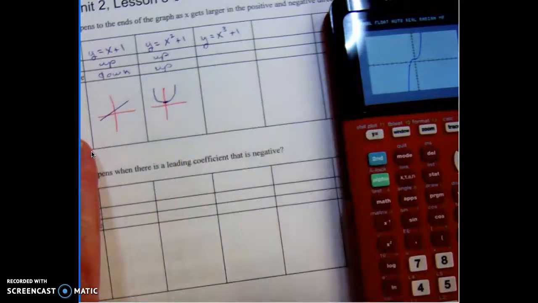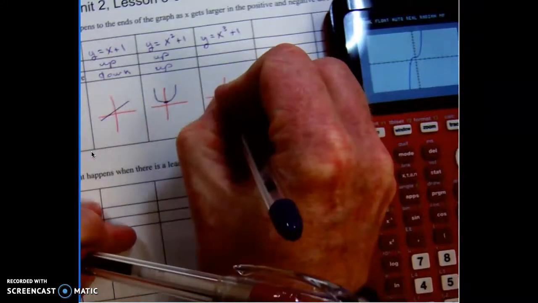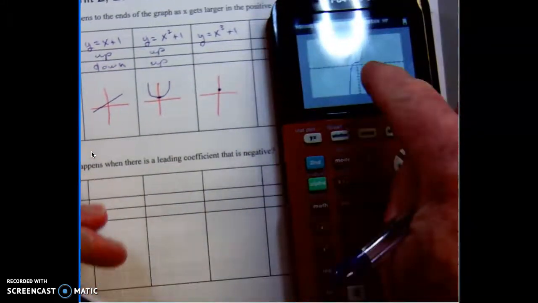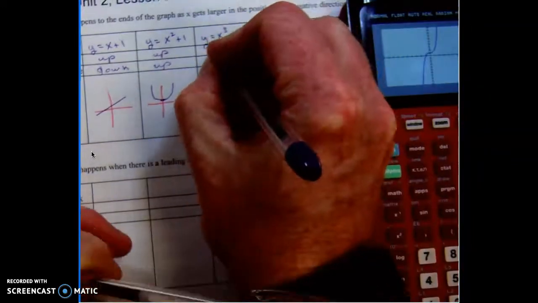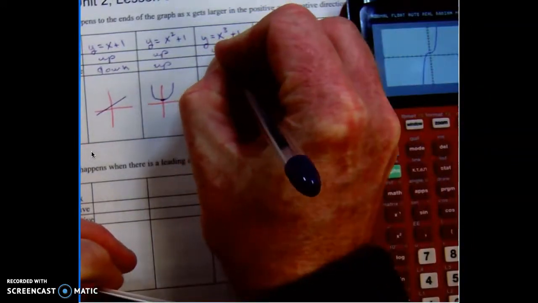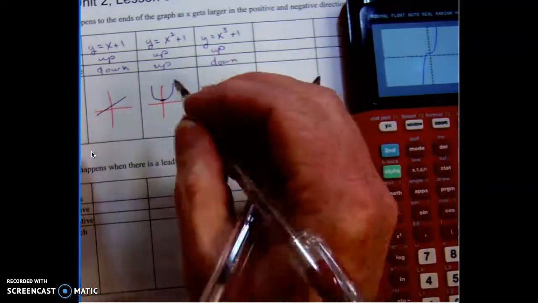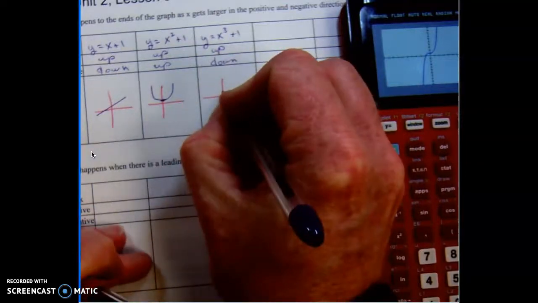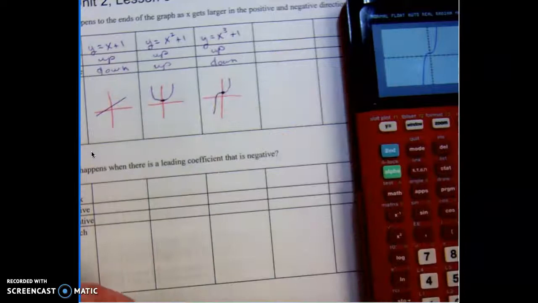So we still know it's going to cross at 1. And it goes down to the left and up to the right. So it goes up on the positive side, and it goes down on the negative side.